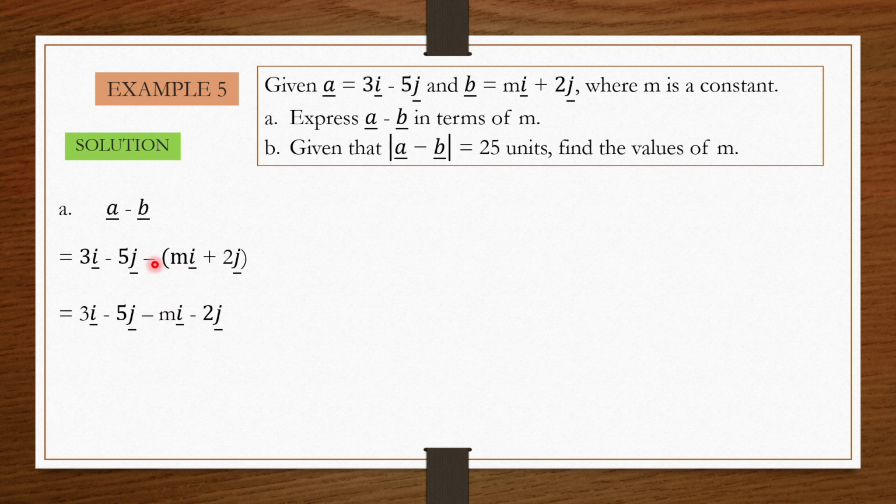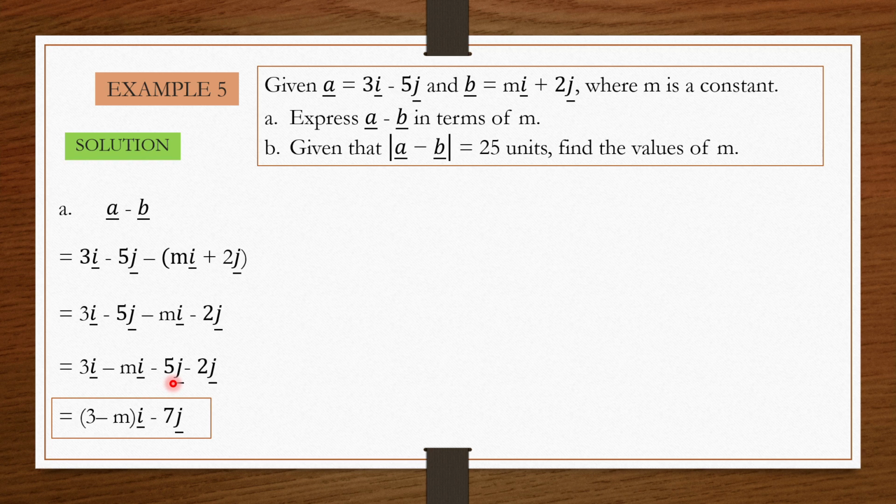Next, negative times positive, you will get negative 2j. Okay, simplify this. Now I've already arranged the vector i and vector j. So 3i minus mi, you cannot simplify, therefore you just factorize it as 3 minus m in bracket i.